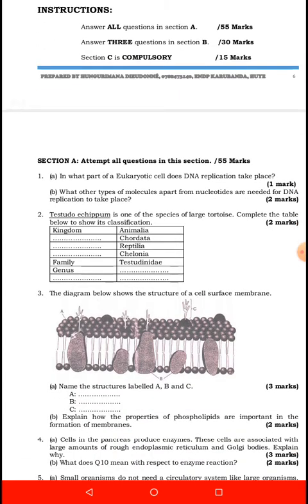Here there is a question for section A. Attempt all questions in section A. First question: in what part of a eukaryotic cell does DNA replication take place? What other types of molecule apart from nucleotides are needed for DNA replication to take place? So these are the questions starting from the first question.